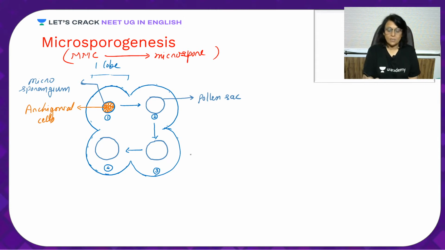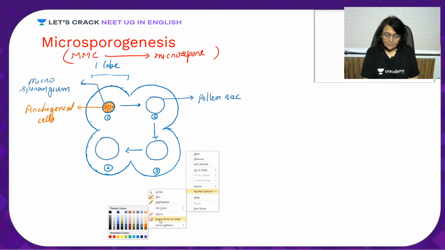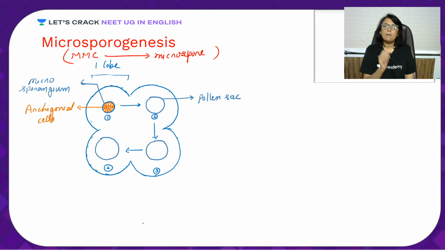Now what happens? As the sac, the compartment or the area, becomes bigger, that means the cells which were tightly packed now become a little loosely packed. Spaces appear between those cells because now the sac has become bigger.